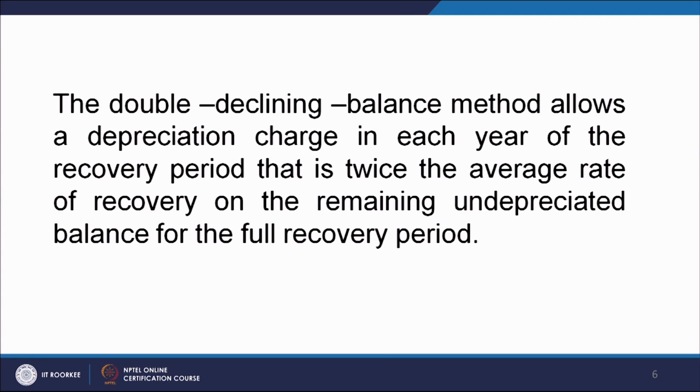The double declining balance method allows a depreciation charge in each year of the recovery period that is twice the average rate of recovery on the remaining undepreciated balance for the full recovery period.